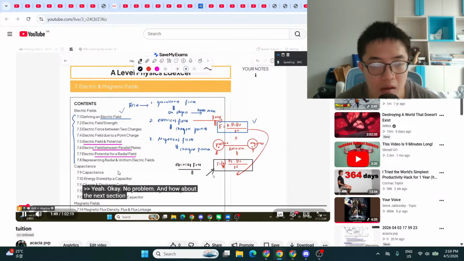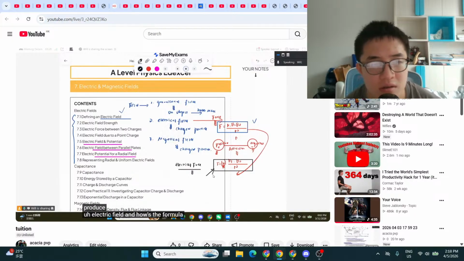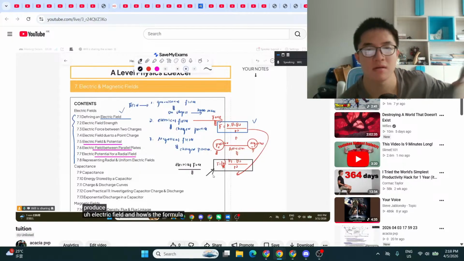And how about the next section? 7.4, electric field due to a point charge, which means the point charge will produce an electric field. And how's the formula for electric field strength due to a point charge? F over Q, right? I have my notes right here.